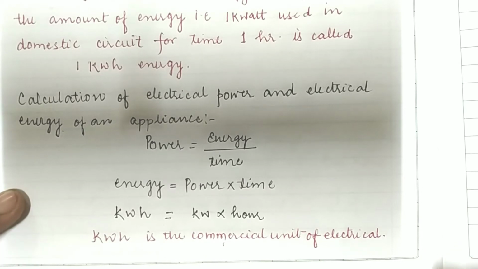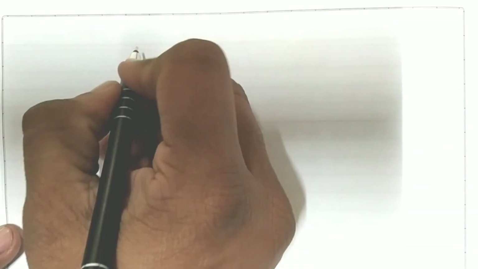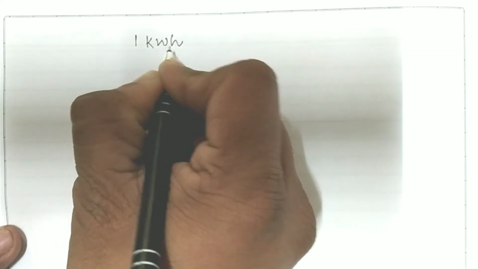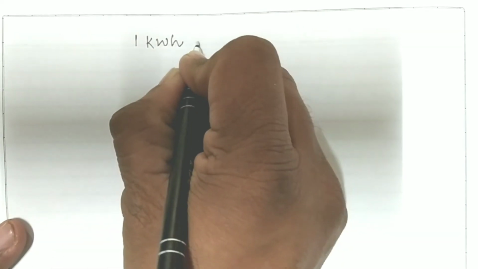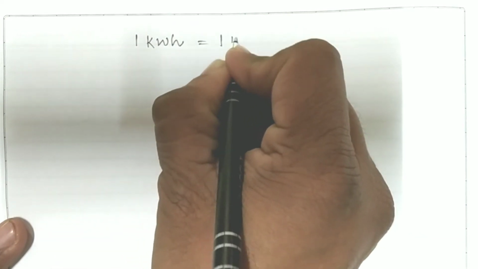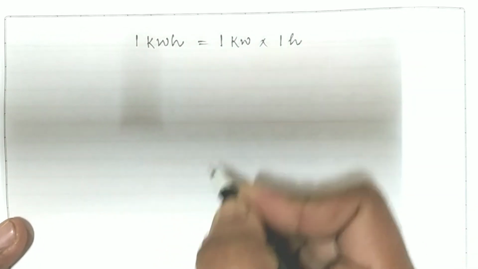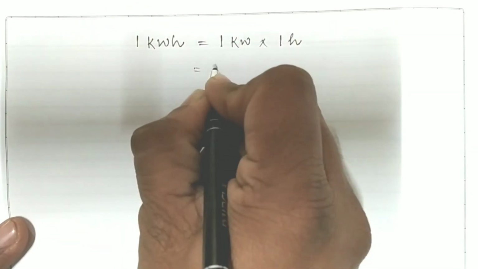Let us calculate the amount of energy in joules in 1 kilowatt hour. 1 kilowatt hour of commercial electrical energy can be calculated as the product of 1 kilowatt of power and 1 hour of time for which the energy is used.